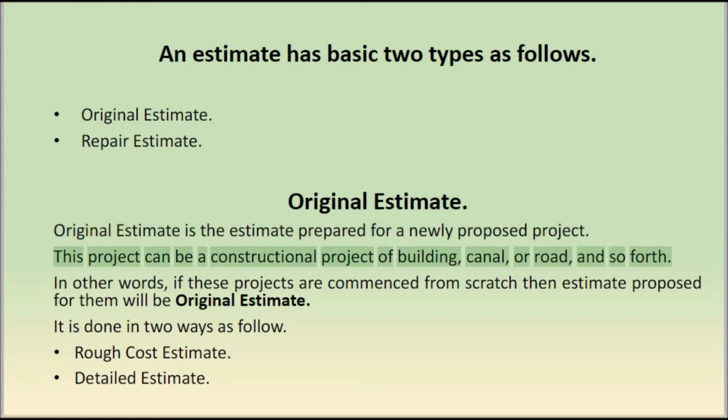This project can be a construction project of a building, canal, or road, and so forth. In other words, if these projects are commenced from scratch, then the estimate proposed for them will be an original estimate.